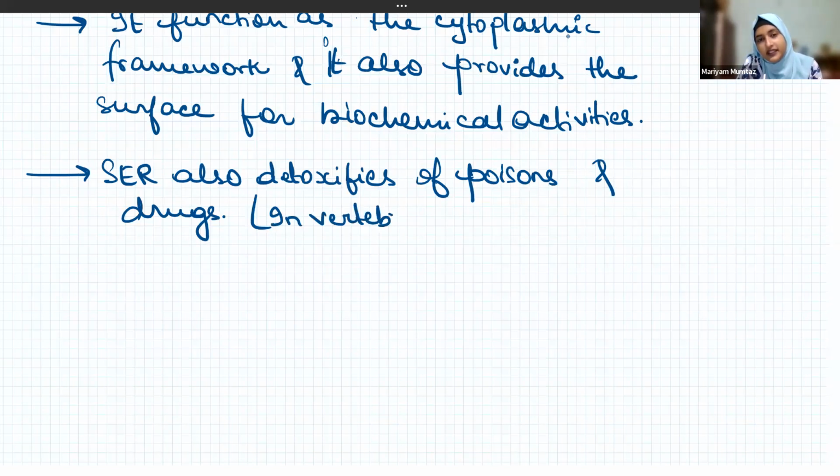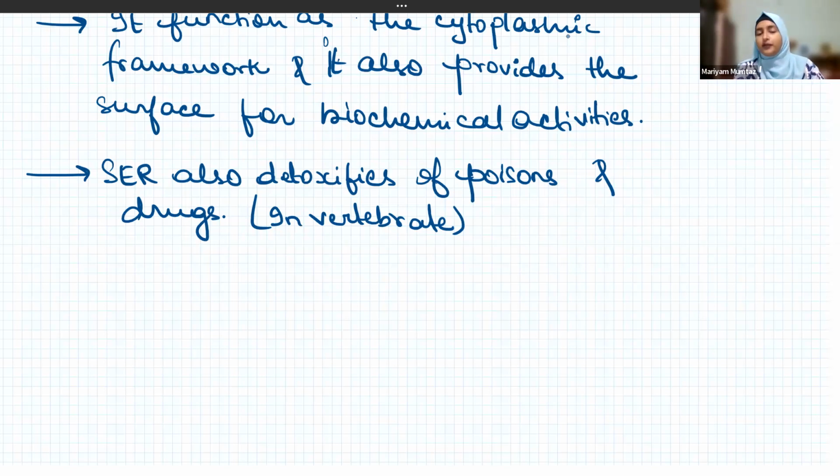All the vertebrates, meaning the higher animals, have smooth endoplasmic reticulum, obviously, because all the higher organisms are eukaryotic. The smooth endoplasmic reticulum present in them detoxifies the poison and the drugs. Clear? Very good.